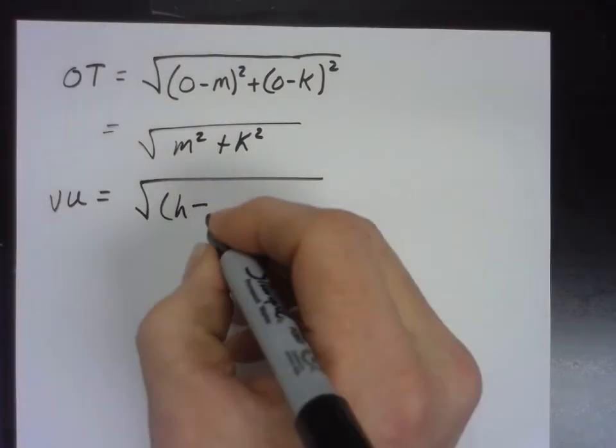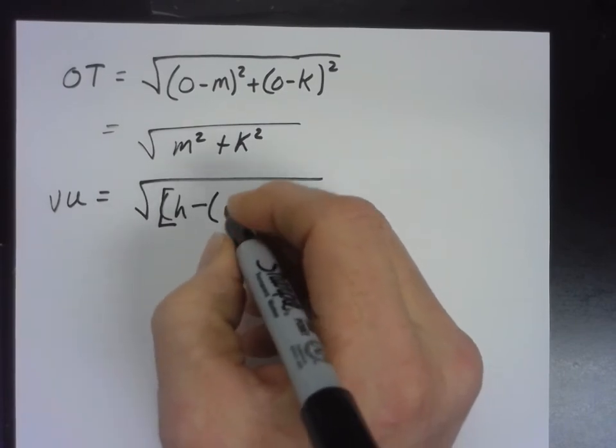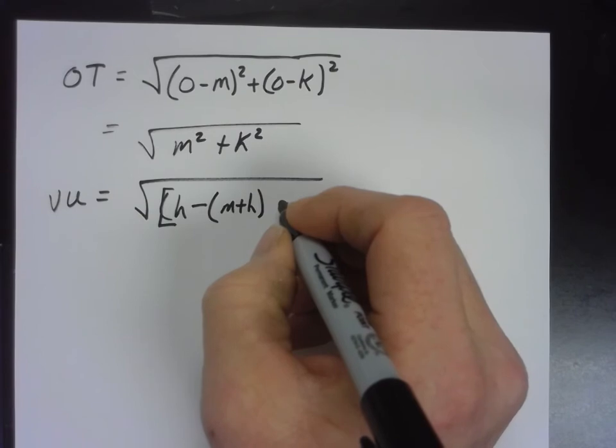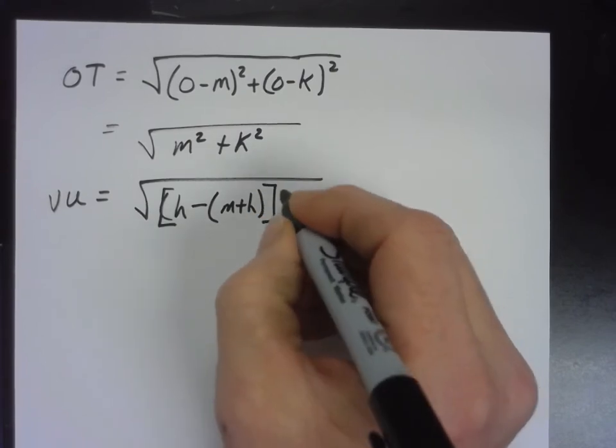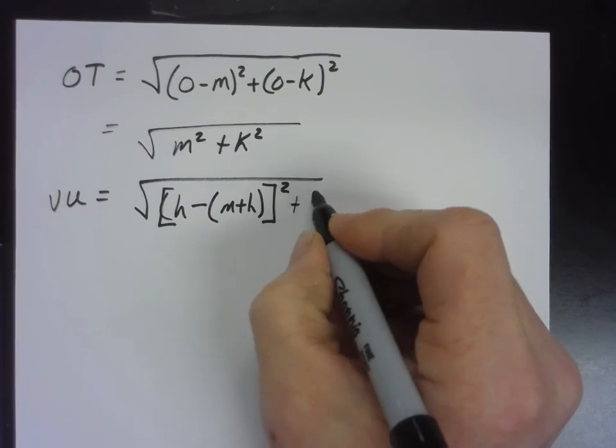You have to subtract M plus H, not just M. You have to subtract the whole thing. And then we have to add.